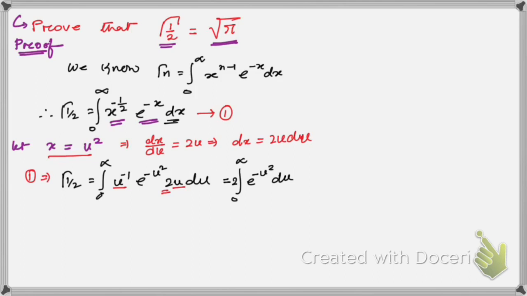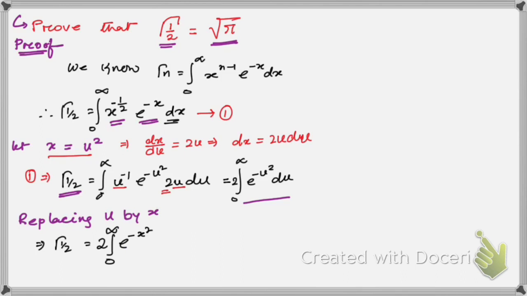So now you see what we can do. As we have got that gamma half is equal to 2 times integration from 0 to infinity e to the power minus u square du, now if you replace this u by x, just simply replacing u by x, we can write the same result in terms of x: 0 to infinity e to the power minus x square dx.